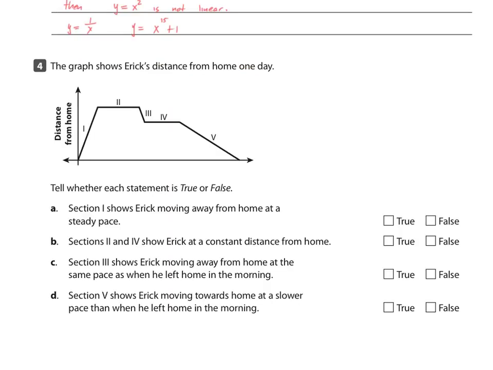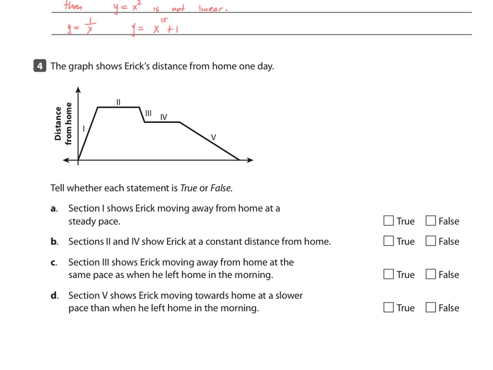Now, for number 4, we are going to be dealing with information from lesson 10, which is qualitative graphs. Now, this one is talking about distance from home. Okay, so you're figuring out the distance away from your home.